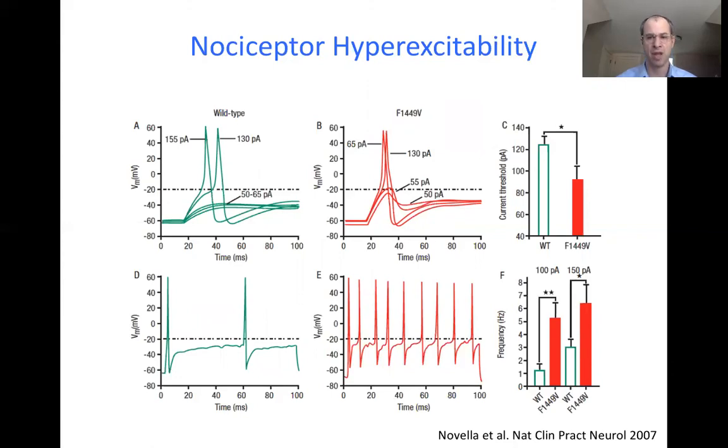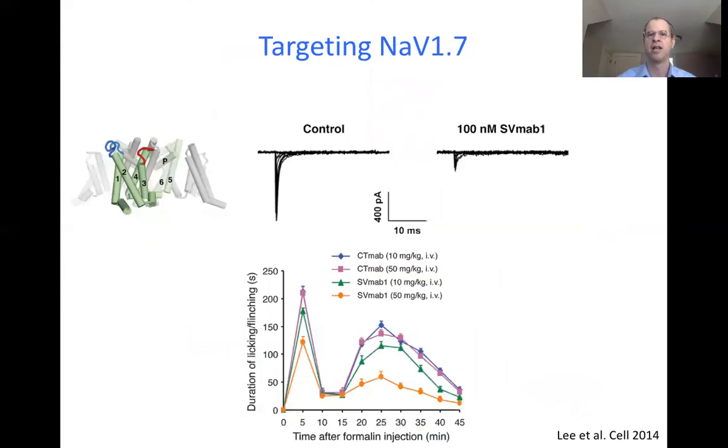And based on similar analyses in the congenital insensitivity to pain patients that I'll show you in a minute, it really drives this idea that blocking nociceptor excitability, perhaps particularly through NaV1.7, is an attractive clinical target. And this has been done through several modalities. This is an example of an antibody that's directed against that sodium channel.